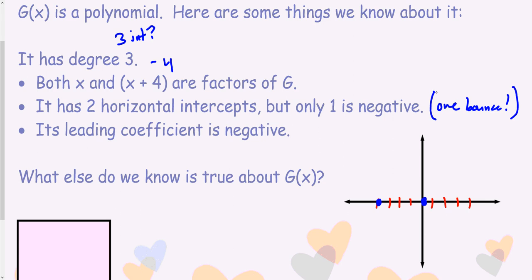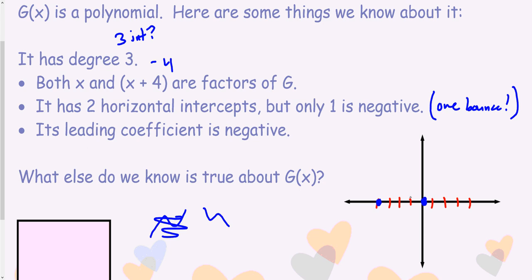The reason we can tell is that it has a degree of 3, so we know it's going to do either that or that. Now, do we know which from this case? It does say its leading coefficient is negative, so that one's out, and we know we have this.